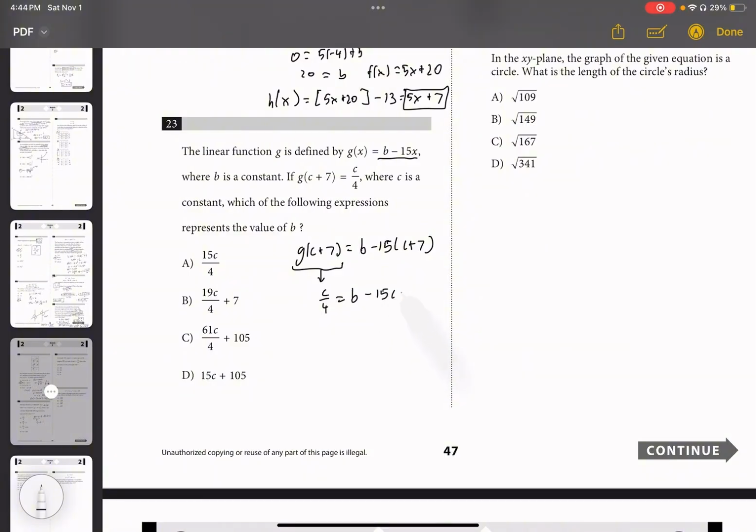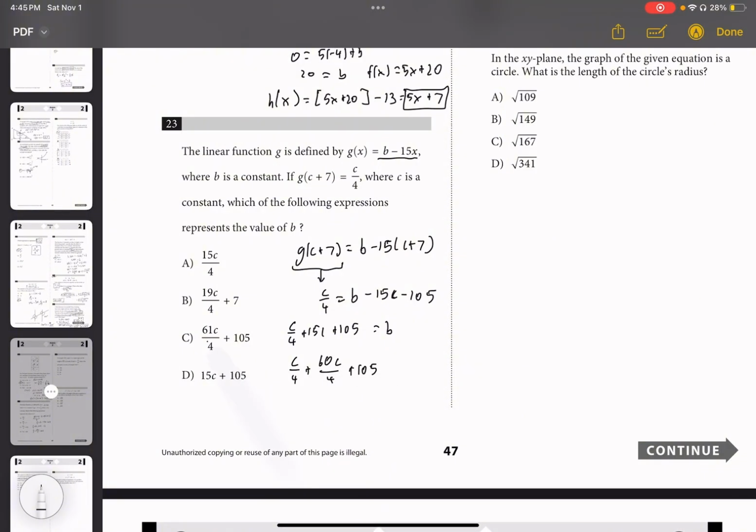Then we're going to distribute this. 15 times 7. So we have b is equal to c over 4 plus 15c plus 105. So b is equal to, we'll keep it on the same side for simplicity, c over 4 plus 60c over 4 plus 105.